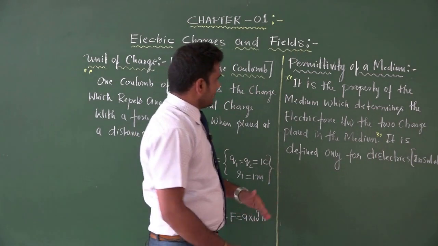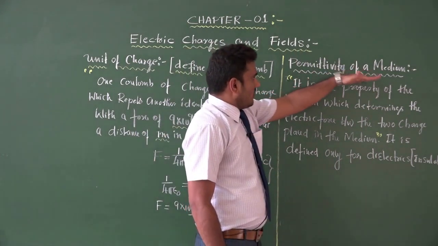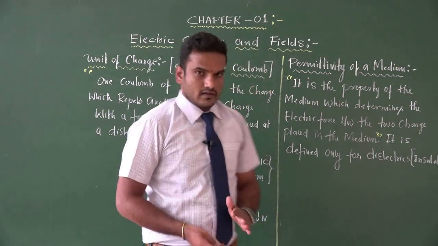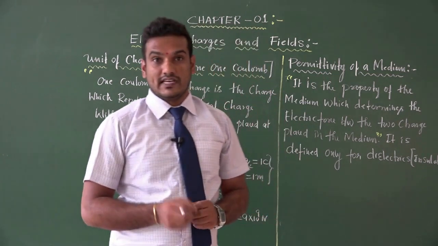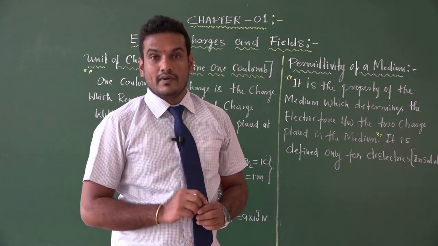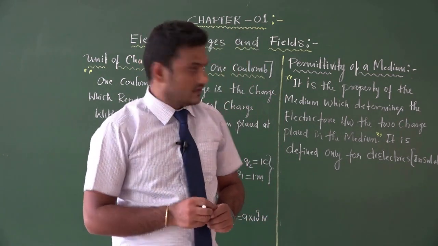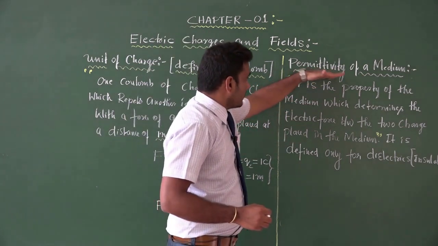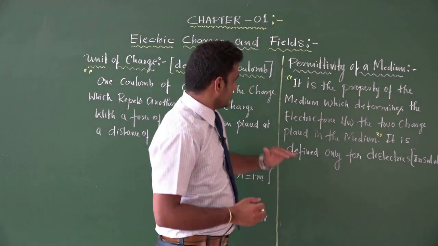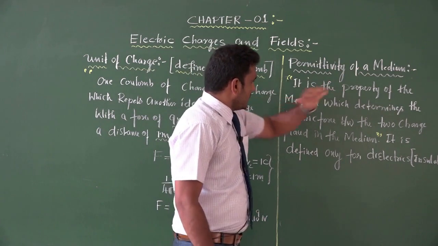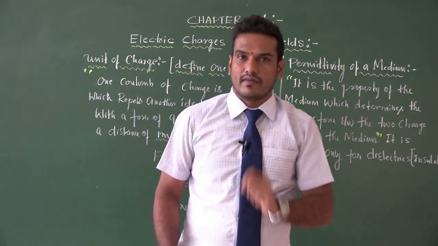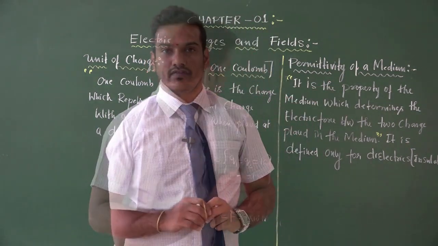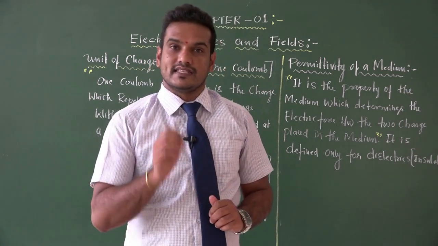Look at the next concept, permittivity of a medium. When we explained Coulomb's law, epsilon naught, I said permittivity of free space. Here we are talking about permittivity of a medium. Look at the statement. It is the property of the medium which determines the electric force between the two charges placed in that medium.